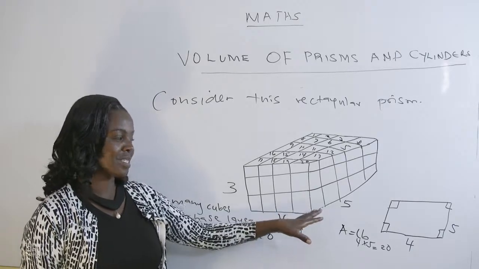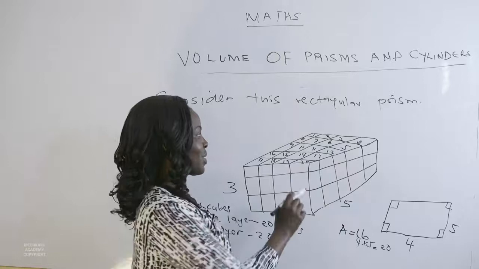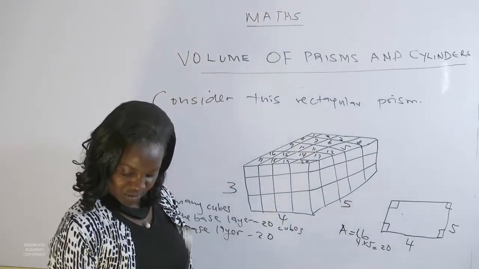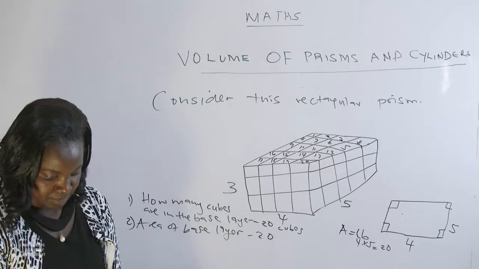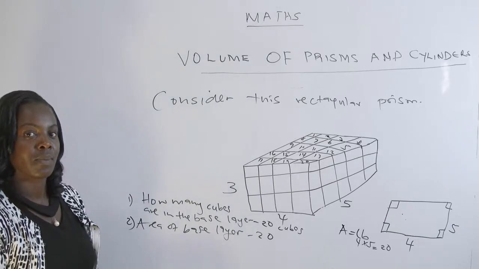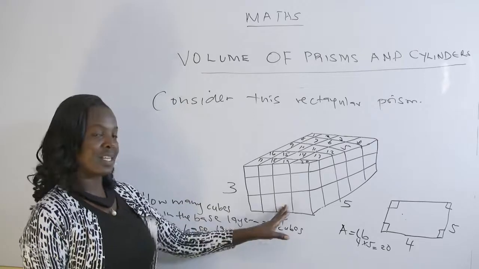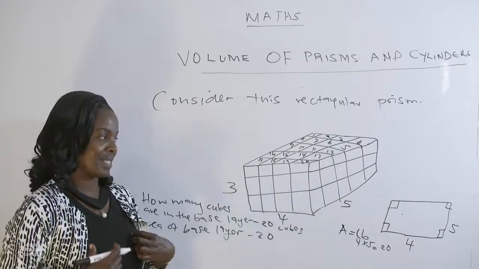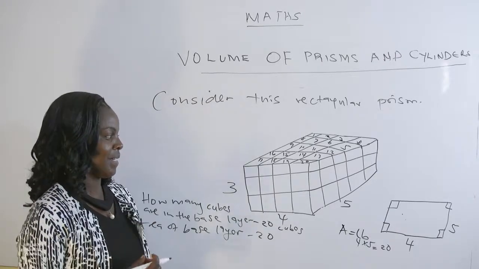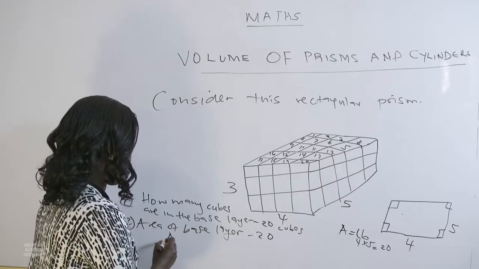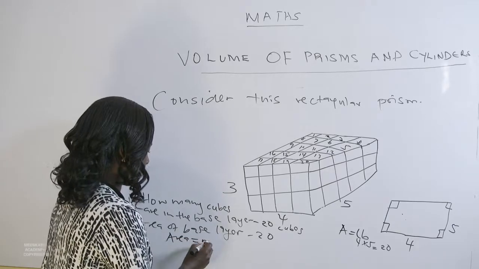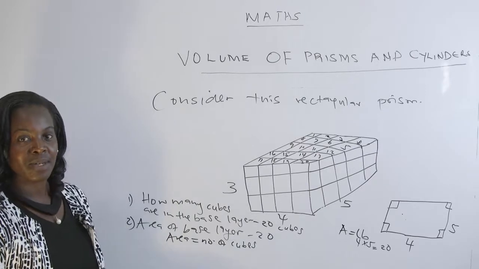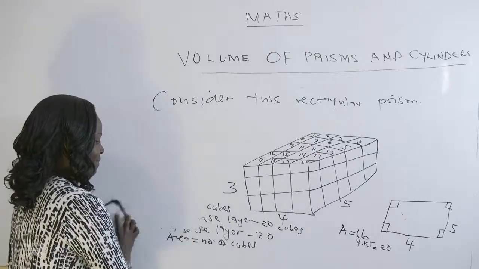These are the squares that are at the base. So what can we say? If you count the number of cubes at the base, that will be equal to the area of the base. Area is equal to the number of cubes at the base.